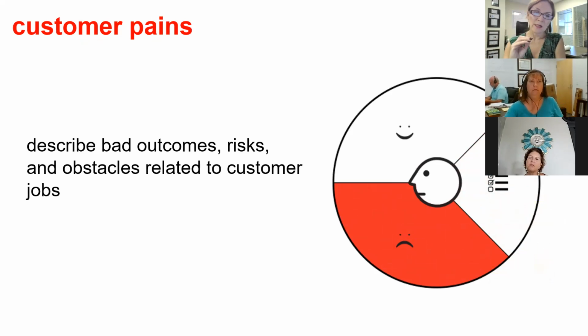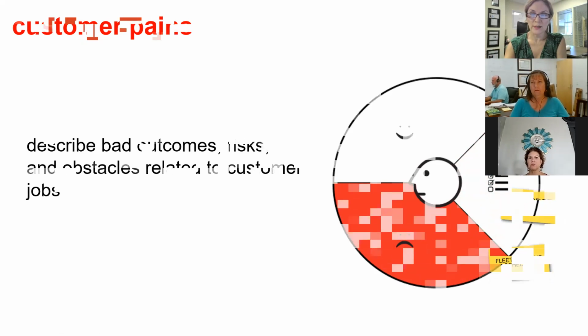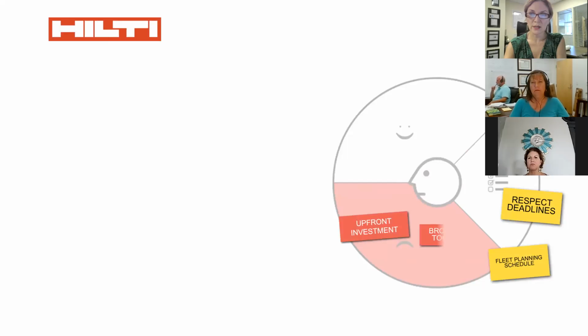And then the other part of this canvas in the customer profile is the pain. So they describe bad outcomes, risks, and obstacles related to customer jobs. In this case, if they couldn't find a solution for that problem, then what was the risk for that boss?